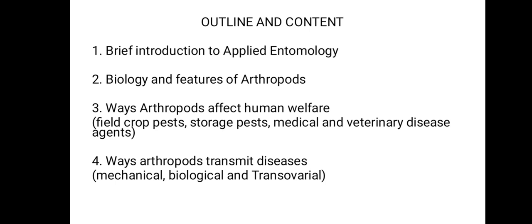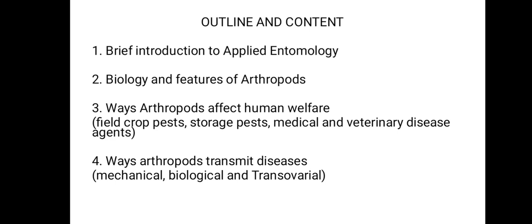And aside those of agricultural importance, we will also discuss some arthropods that have medical and veterinary importance. These ones may serve as disease agents. So we are going to look at them in this course.